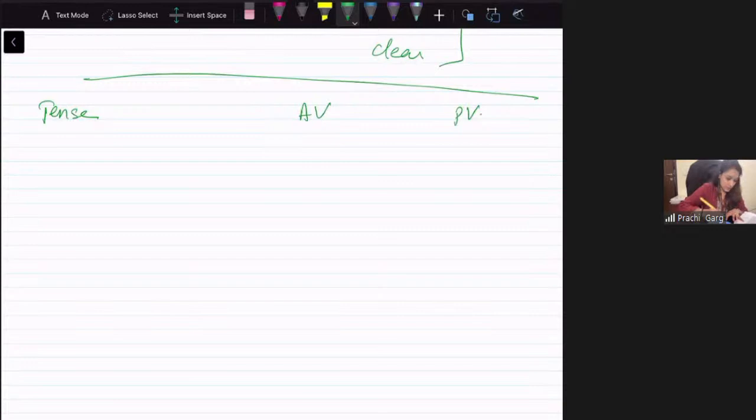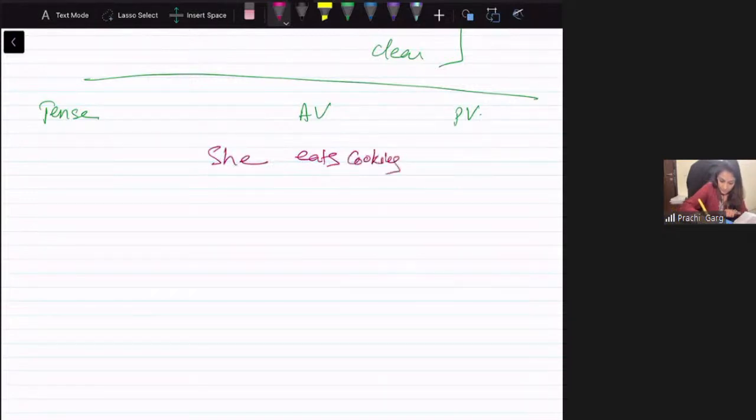Now, in simple present tense, if the sentence is, she eats cookies, in passive voice, it will become, the cookies are eaten by her.